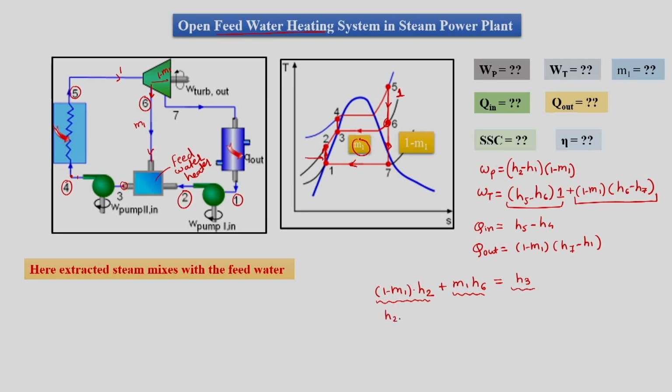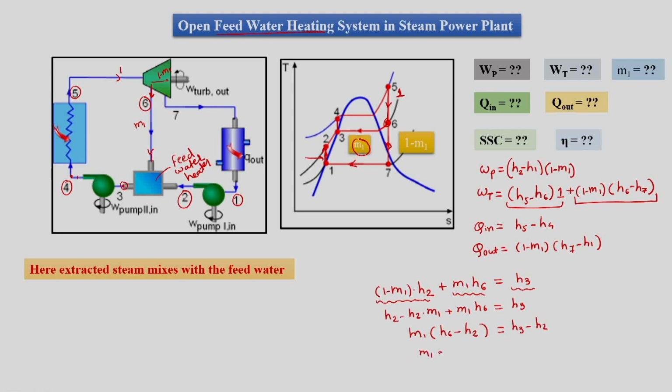So we have H2 minus m1 into H2 plus m1 into H6 equal to H3. So we have m1 into (H6 minus H2) equal to H3 minus H2.